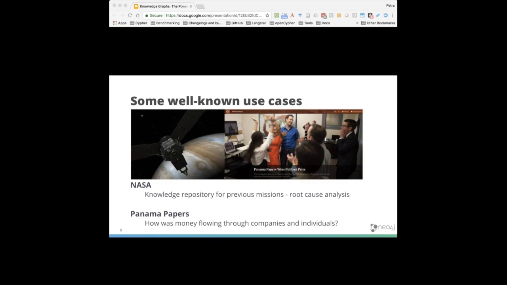In their current research and the current missions that they're planning for, they can trace back to situations where various problems that they're encountering now occurred in the past. And this allows them to see very quickly, through root cause analysis, what went wrong on those missions that were similar to missions that they're perhaps planning today, and also perhaps to see what alternative configurations for components and things like that are.